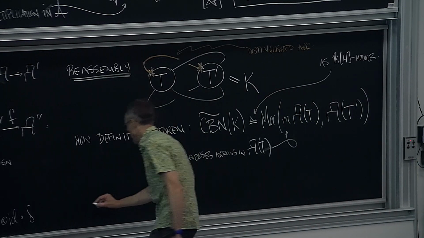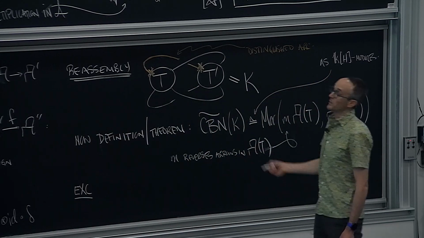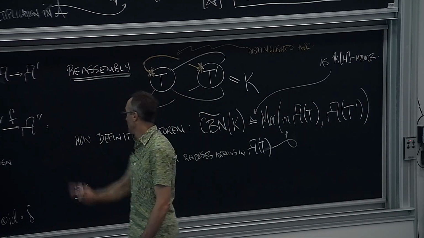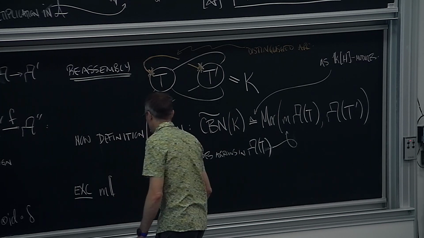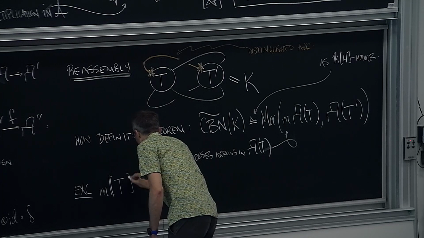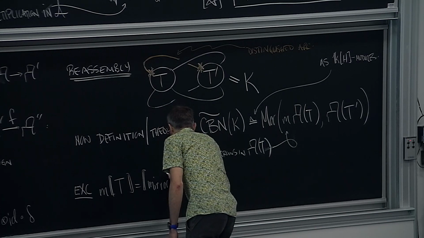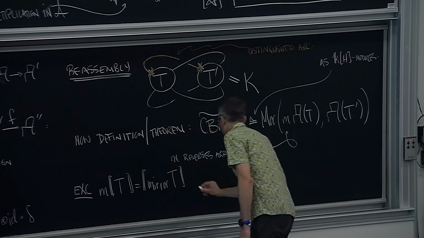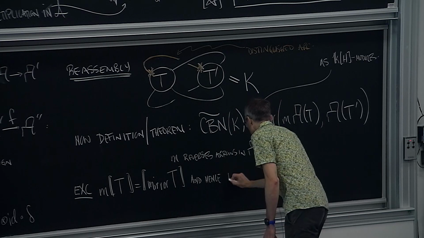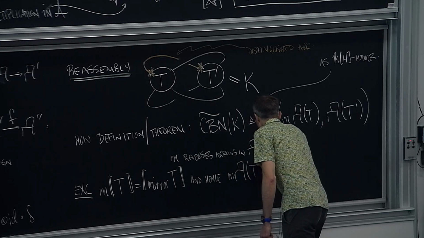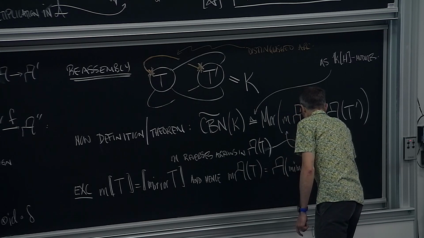And what you can check, if you like, by looking at the original definition on the left-hand side in Bar-Natan's setting, is that if I take M, apply angle, that's the same thing as applying a mirror operation to the tangle itself. And hence, what this is doing on the level of the type D structure is the same thing. It's just telling me that I should mirror the tangle.